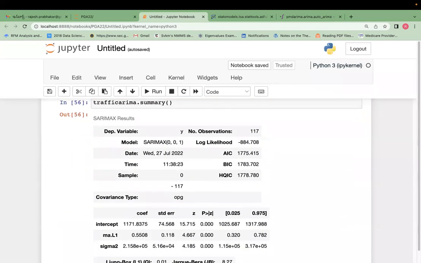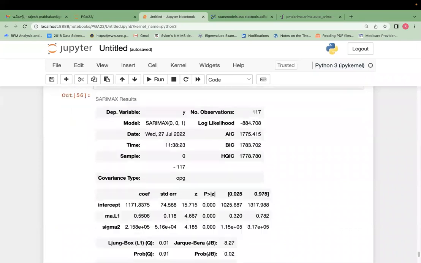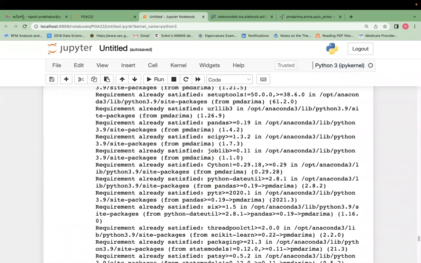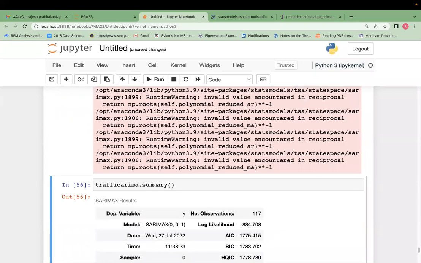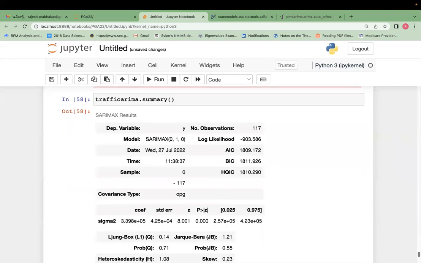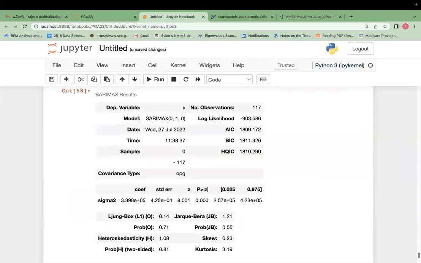It says 0, 0, 1, and d is equal to 1. ARIMA 0, 1, 0 is the model.